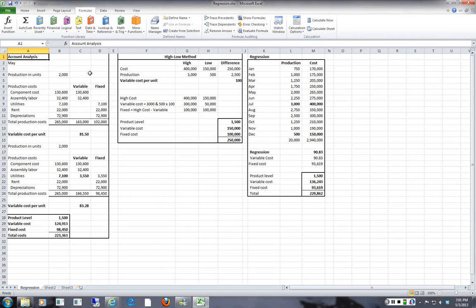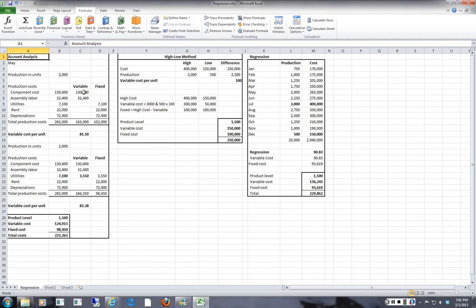Like, I'm an accountant and I know what's in the figures, and I can look at these numbers and determine what's variable and what's fixed. So here's production in units of 2,000, and I go through the books and I look. Here's $265,000 of cost, $130,600 is the component cost, assembly labor $32,400, and so forth.